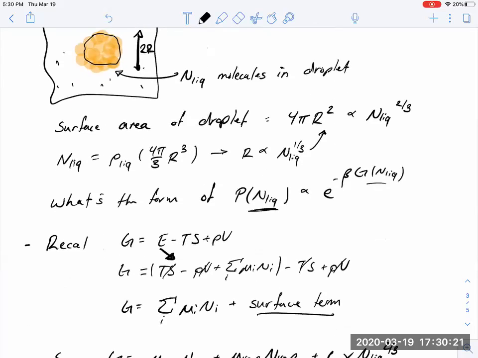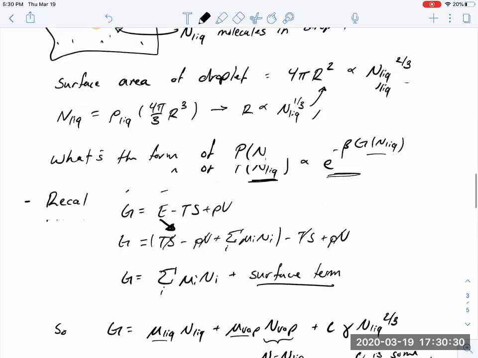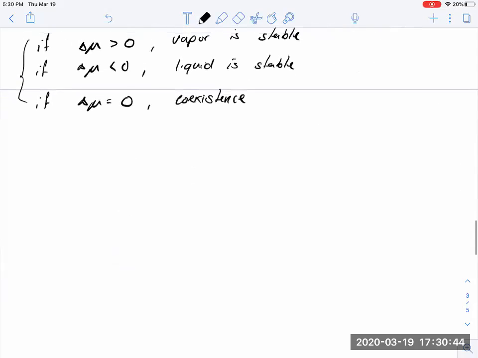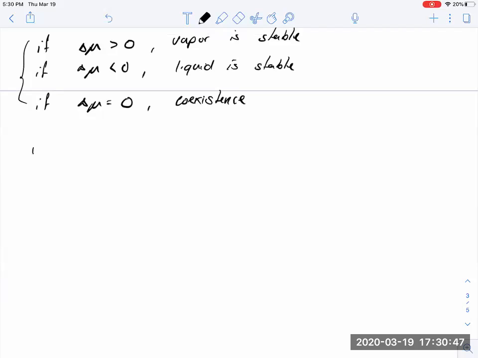From the relationship between the probability and the Gibbs free energy, we now can make statistical statements about the size and how that changes with the thermodynamic condition we're in, specifically the relative sizes of the chemical potentials of the liquid and the vapor. Okay, so let's think about a couple of different conditions.